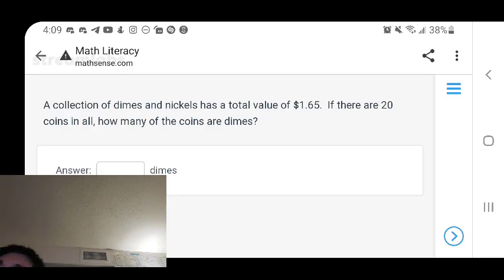I think I'm making the formula wrong. Wait, how did I get 10d plus 5n? 10 dimes and 5 nickels. Oh, I didn't just solve the problem. 10 dimes is $1 and 5 nickels is 65 cents.